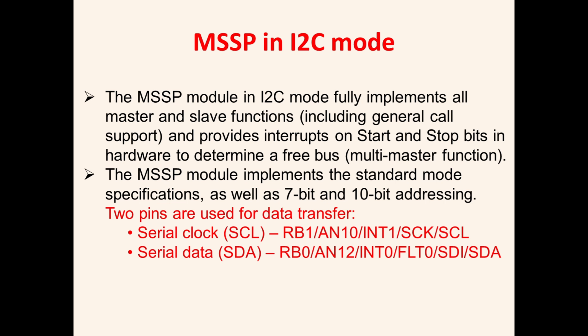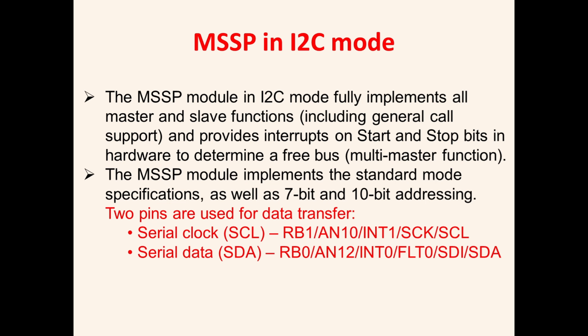So I2C is nothing but inter-integrated circuit. This particular I2C can communicate with multiple peripherals with only two lines. Over two lines, the communication takes place in the I2C mode of operation.